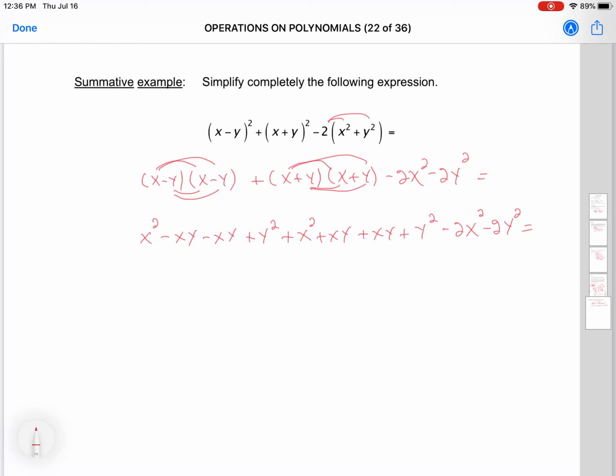Looking for like terms. Look at that. x squared plus x squared is 2x squared. Minus 2x squared is bye-bye. It's gone. y squared plus y squared, that's 2y squared. Minus 2y squared, goodbye. Minus xy plus xy, minus xy plus xy.